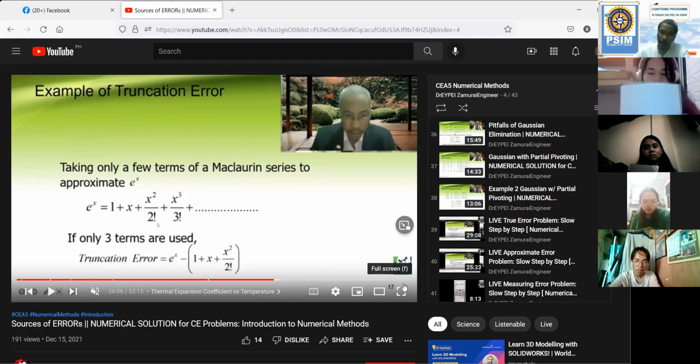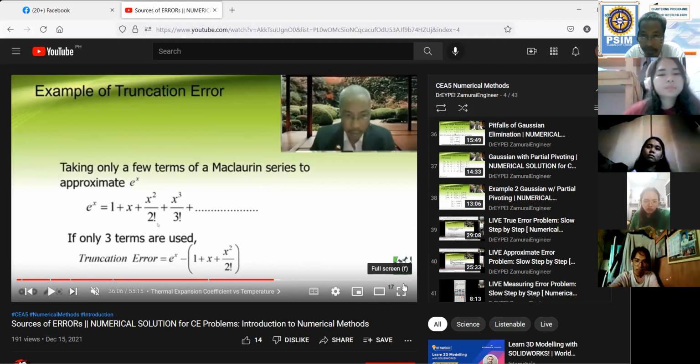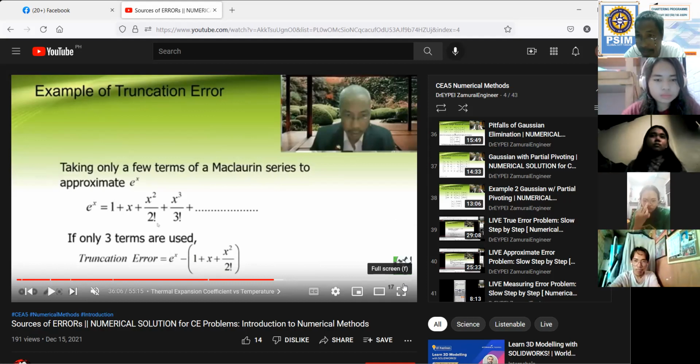So we already have an idea that calculators and Excel are using Maclaurin series and Taylor series for most of the estimation requirements.